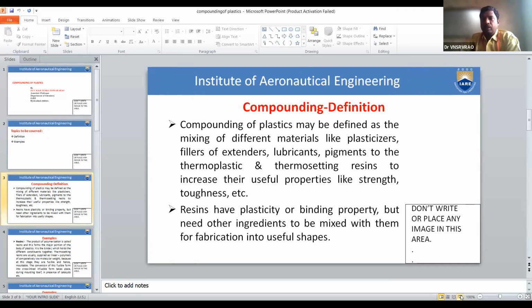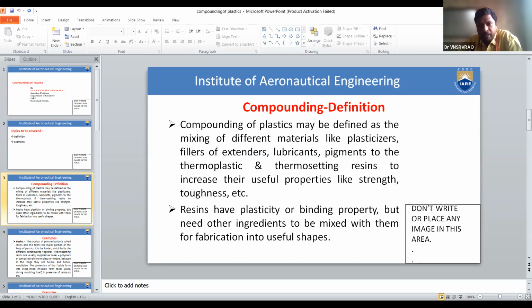Let us start the definition of the compounding. Already we discussed that compounding is nothing but, in order to improve the strength of the pure plastic material, the addition of ingredients externally, from the outside. So that is called the compounding of plastics. So in what type of categories does the compounding of the plastics take place?